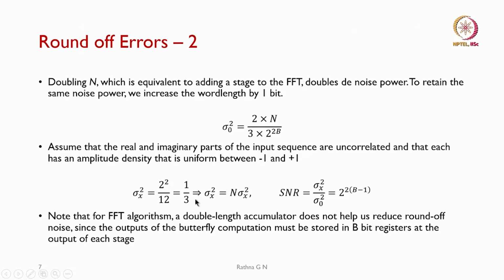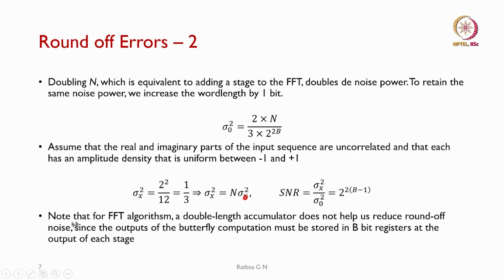So, we can equate it to the signal to noise ratio. Signal to noise ratio, sigma x squared by sigma naught squared, is equal to 2 to the power of 2 into b minus 1.